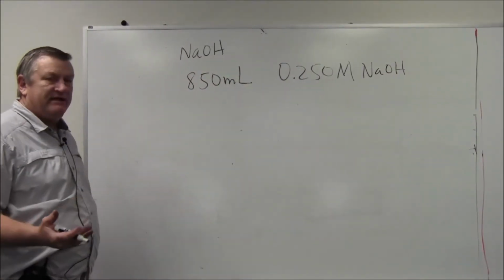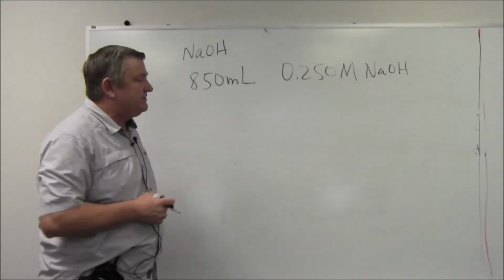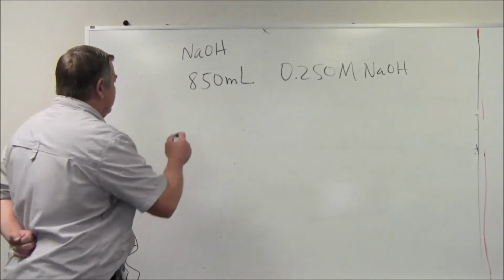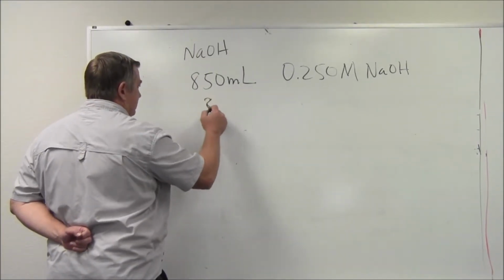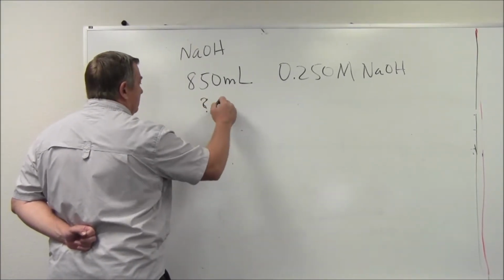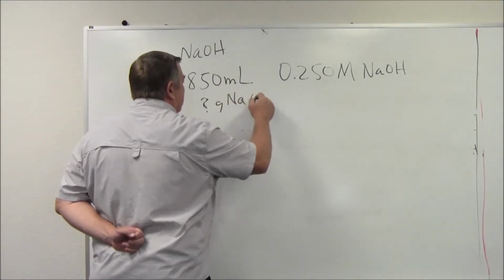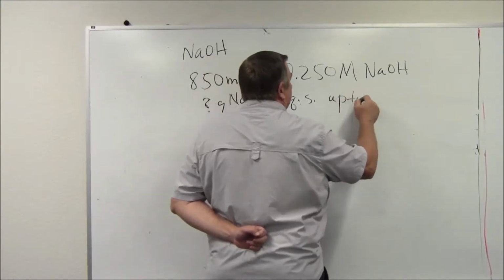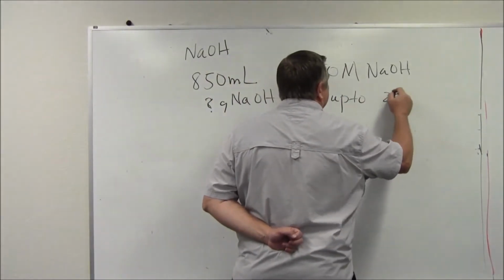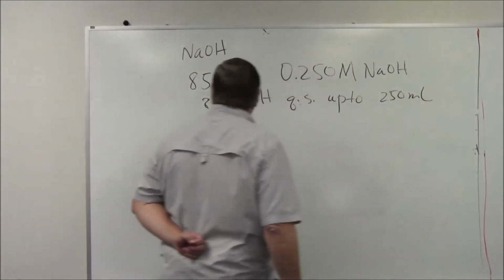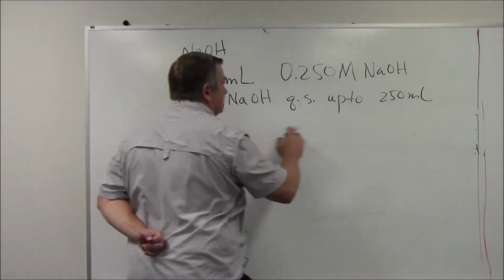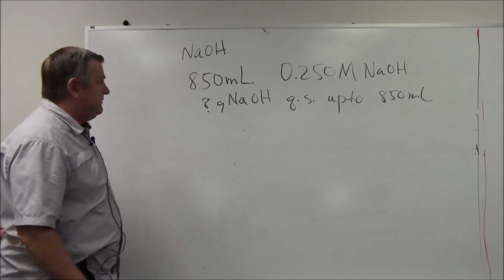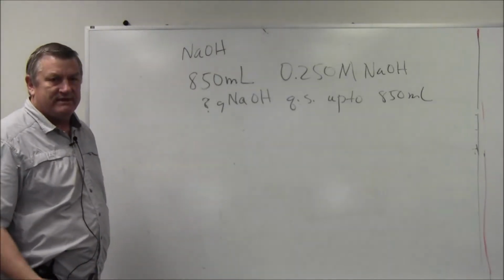So we want to calculate how many grams, because it's a solid, of sodium hydroxide that we have to QS up to 250 milliliters, right? Oh, 850 milliliters. I'm reading the wrong one, aren't I? And we want it to be 0.25 molar, so we can have it for the lab.